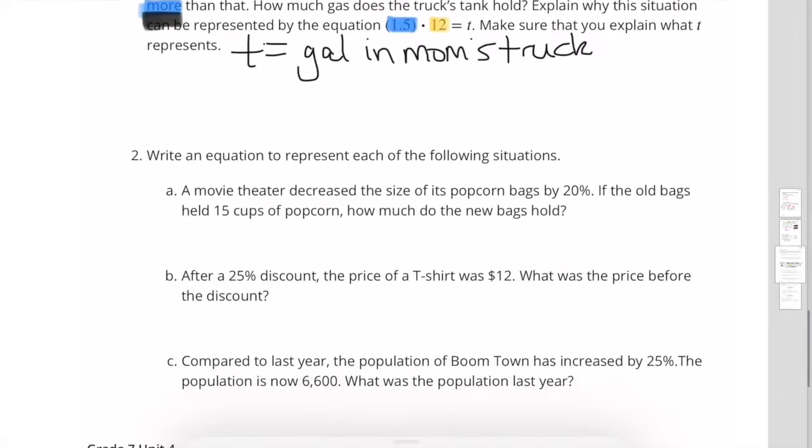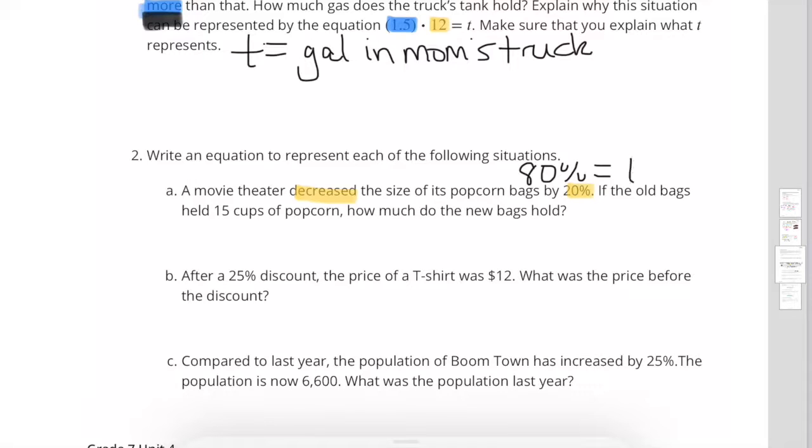Number 2, it says write an equation to represent each of the following situations. So a movie theater decreased the size of its popcorn bags by 20%. The old bags held 15 cups of popcorn. So how much do the new bags hold? So if it decreased by 20%, that means it actually holds 80%.